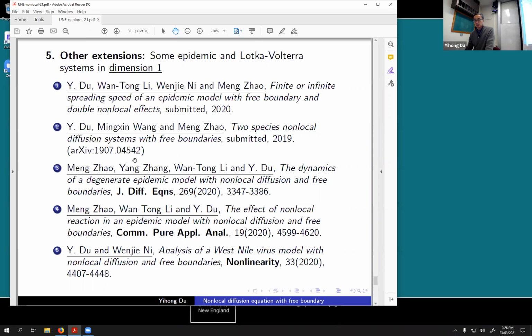For example, Meng Zhao was here for 1.5 years and left last year as a visiting PhD student, also his former student from Lanzhou University, that's Wen-Jie here. Mention Wang visited me many times, and we had many joint papers. Yang Zhang visited me as a visiting scholar for 1 year.